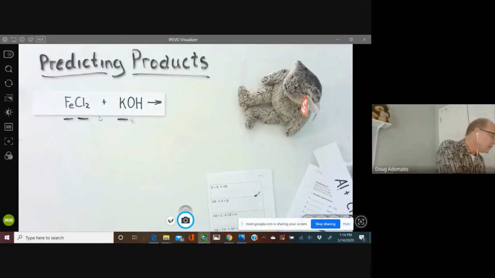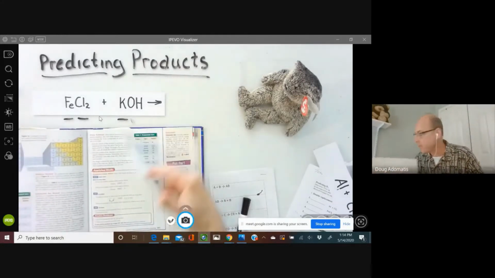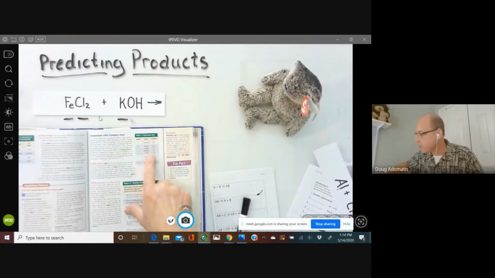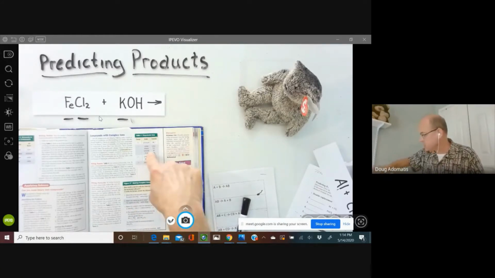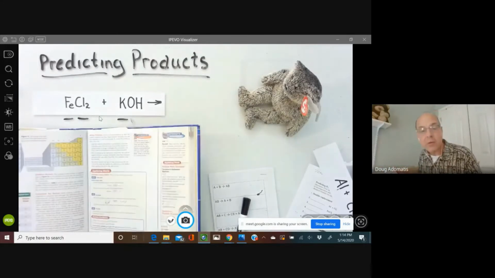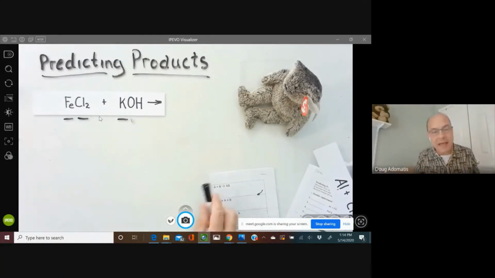Maybe I should have made you memorize an entire list of polyatomics. But you should have done enough of these problems that you would recognize that the combination of O and H together is the hydroxide. This is on page 619, table 4 in your textbook. You're going to want to have that with you when you do the final. It's the hydroxide ion right there.